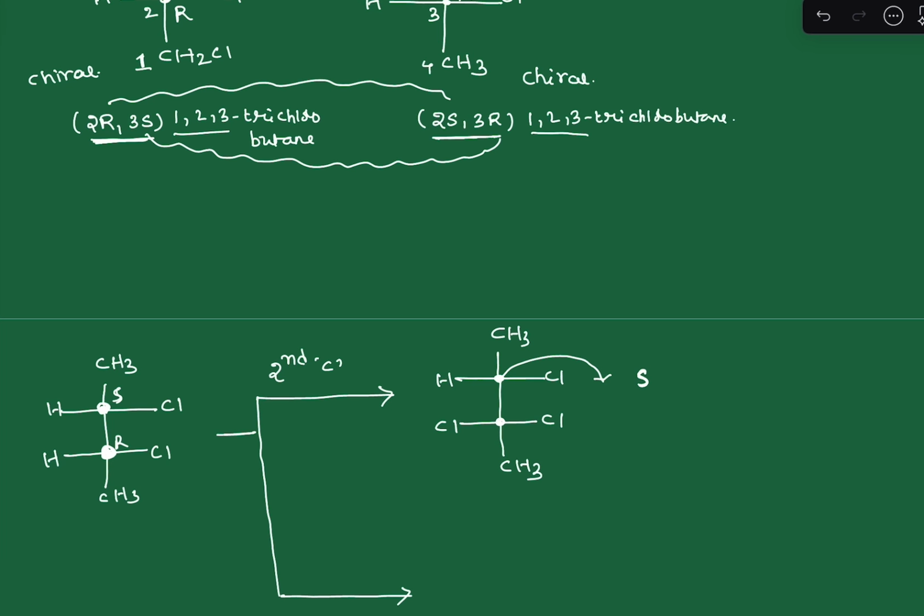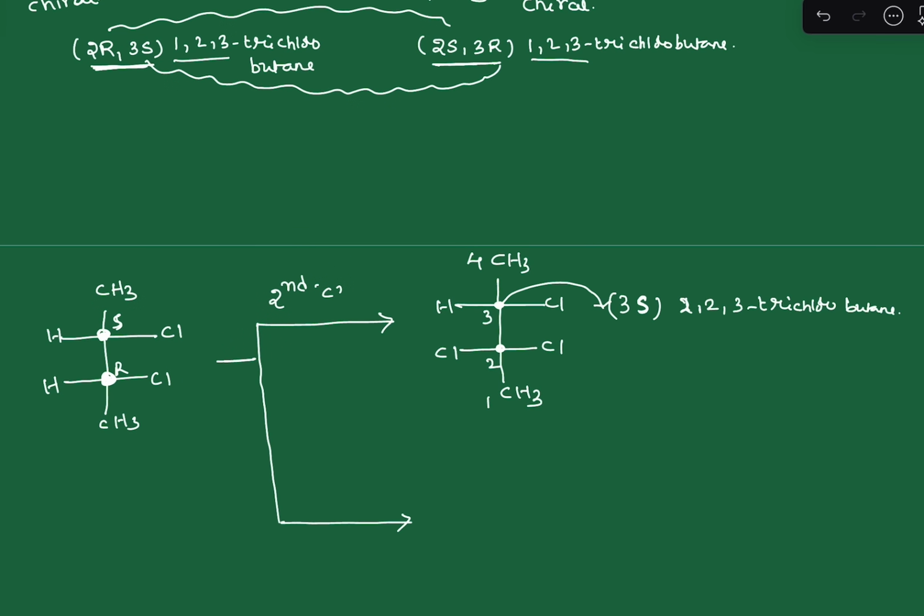And the numbering, this is first carbon, second carbon, third carbon, and fourth carbon. This is 3S, 2,2,3-trichlorobutane.